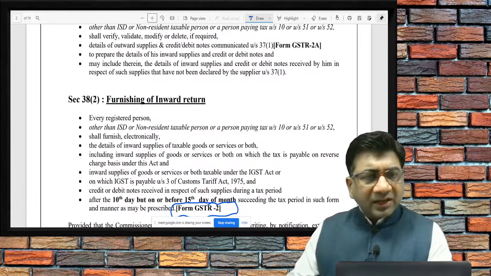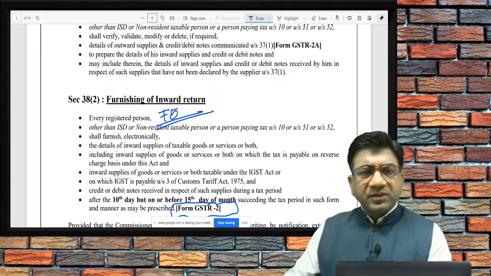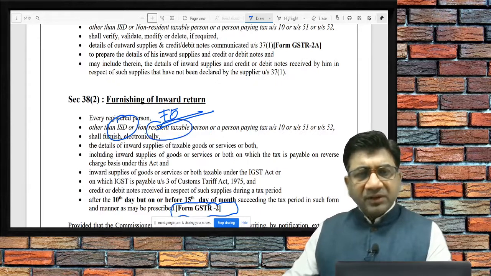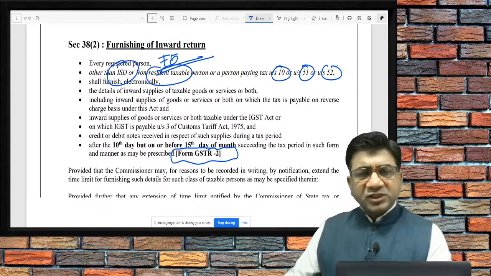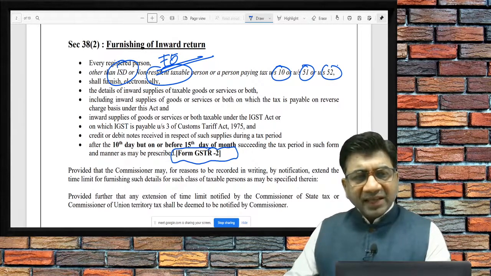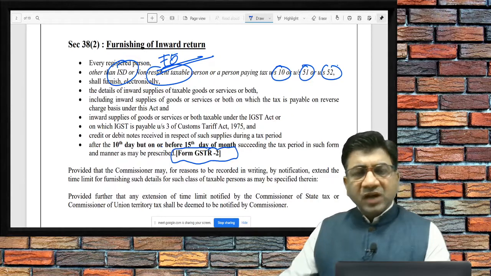And who shall file a purchase return? Again, except 5 persons: ISD, NRTP, Compo, TDS and TCS. And that has to be filed from the 10th day, but not before, on or before 15th. So after the 10th day, 11th to 15th.